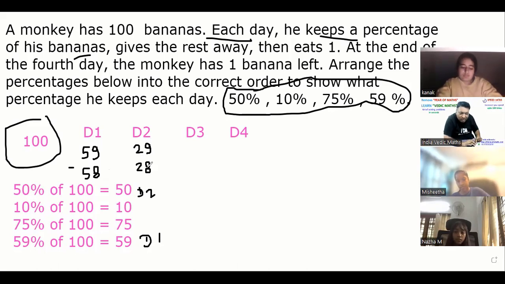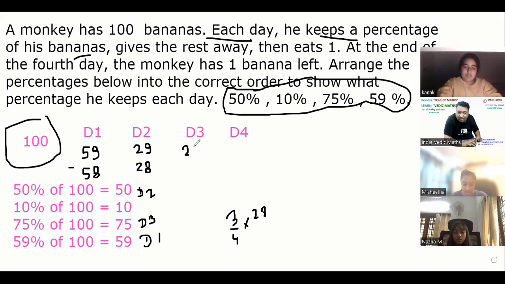So day 1 and day 2 are done. Now 10% of 28 is 2.8, no. But what is 75% of 28? Oh, it's possible. 75% means 3/4. 3/4 of 28 is how much? 21. Oh, that's a round number.